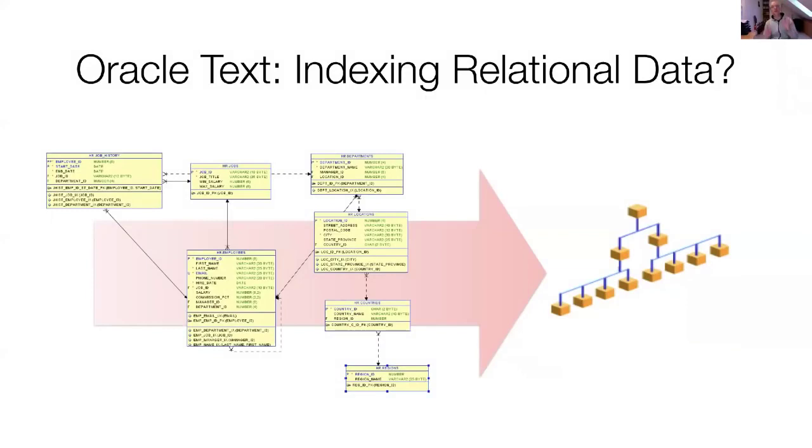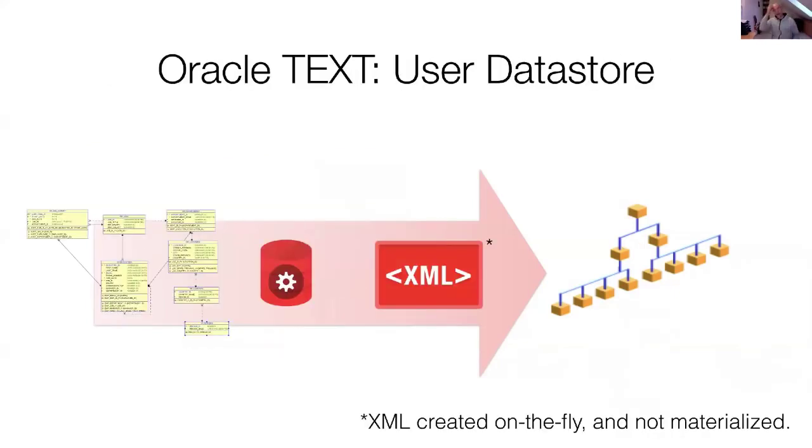So our situation is, today within the sessions, I will keep it to one table, but in theory, we could even have multiple tables, and we want to have a text index, one single index. I'll repeat that, one single index. Again, to make this very clear, one index on multiple columns or even multiple columns on multiple tables. Yes, that works. Okay, in Oracle Text, we will use a feature which is called user data store.